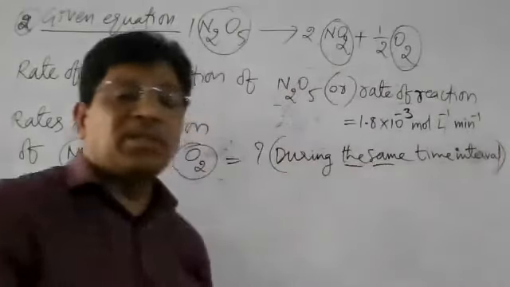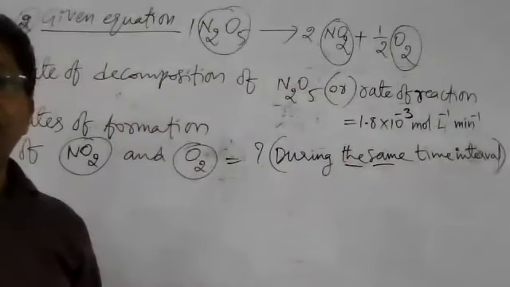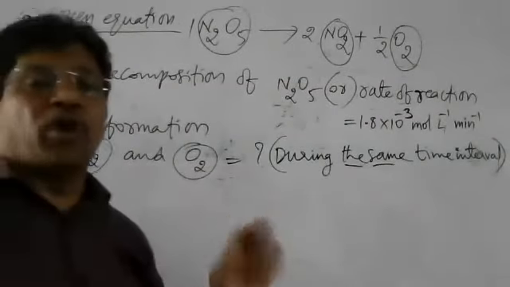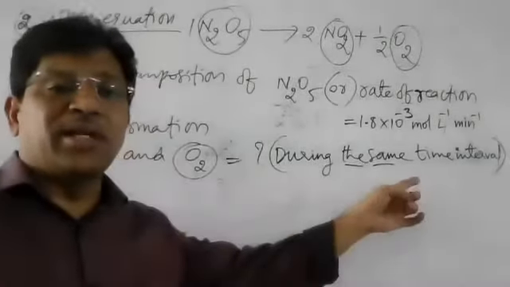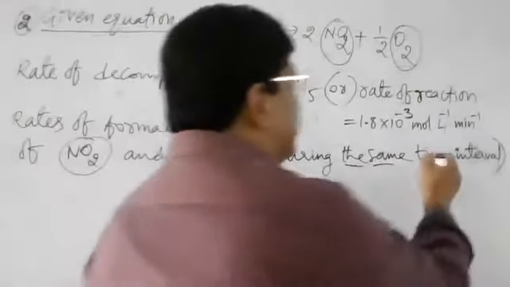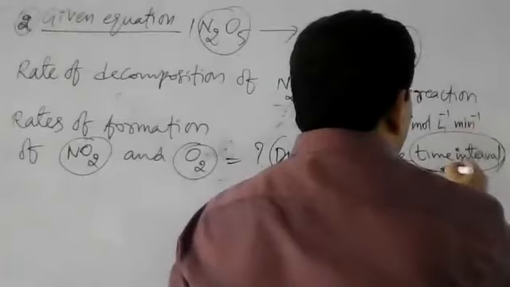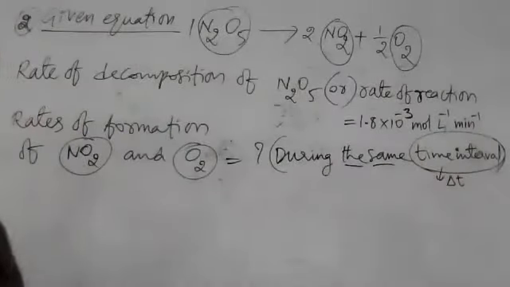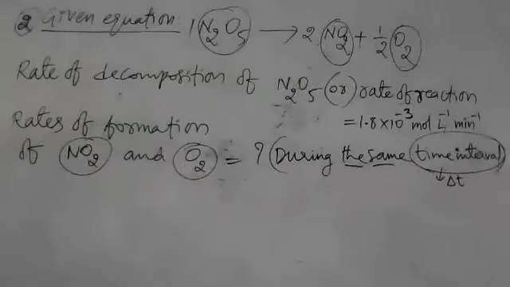During the same time interval, we have to get the rate of NO2 formation and the rate of O2 formation. Time interval is nothing but delta T. Same delta T we have to take for NO2 formation and O2 formation. Is that clear?